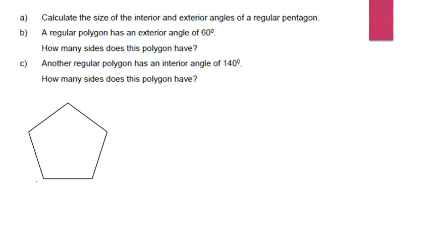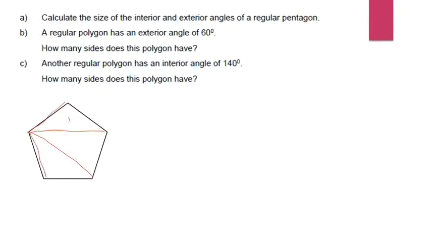And that technique is to split the shape up into triangles. So pick one corner. I'm going to pick this one. And I'm going to join it up to all the other vertices. So there, join it up to there, already drawn, and join it there, already drawn as well.